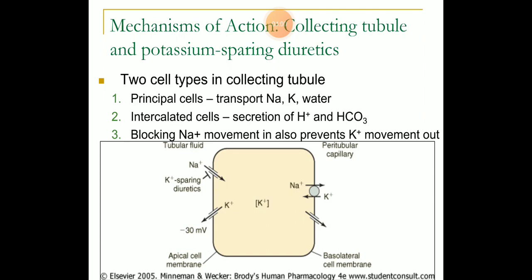So, the net potassium loss is regulated by variations in the secretory process, and it depends on the sodium load delivered to the distal segment, presence or absence of aldosterone, availability of hydrogen, as well as the intracellular potassium stores.